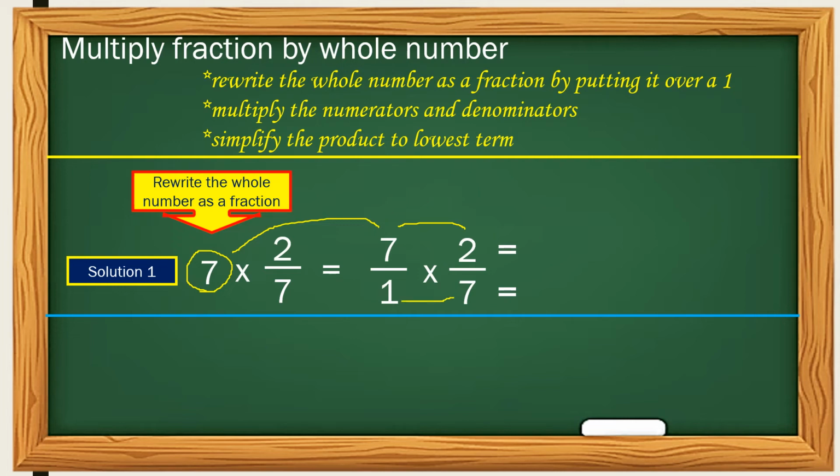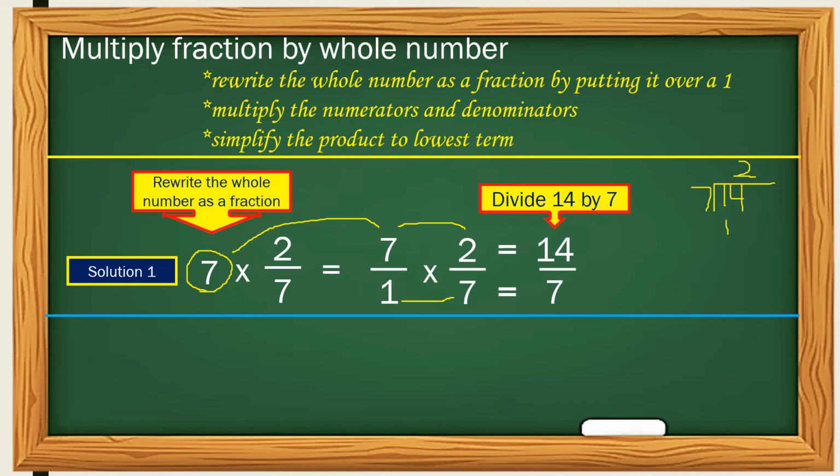So, let us multiply. 7 times 2 and 1 times 7 is equal to 14 over 7. Now, let us simplify the product to lowest term by dividing 14 by 7. So, let us divide. So, 14 divided by 7 is equal to 2.